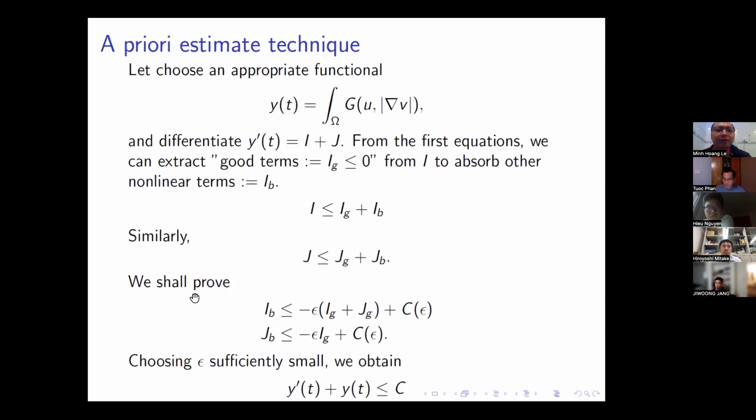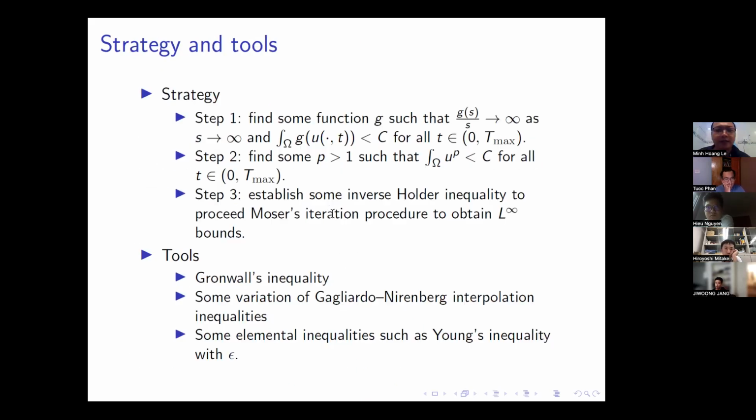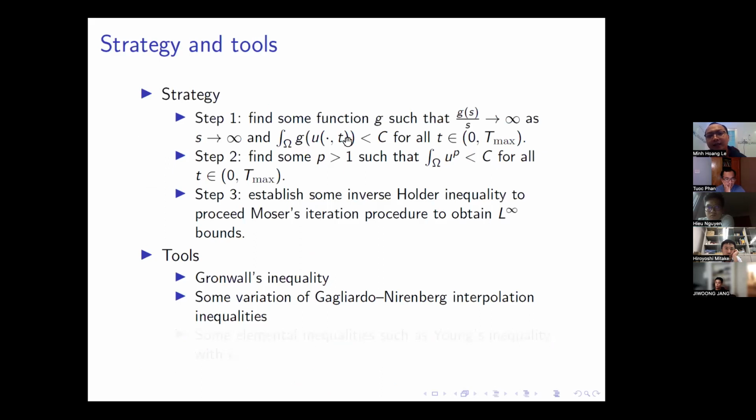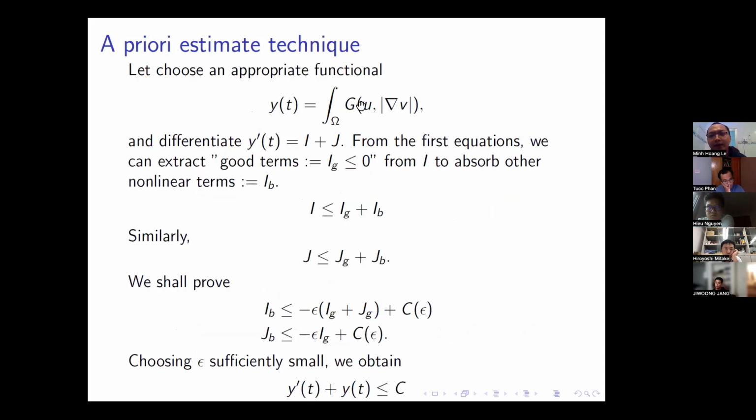Right, so now we go to the main proof. As in the strategy, we have to find some function G. Here I just simplify the method for the elliptic case, but for the parabolic case we do have to mention the gradient term for v.